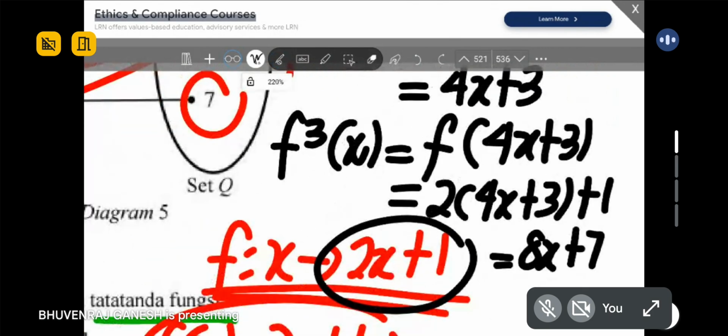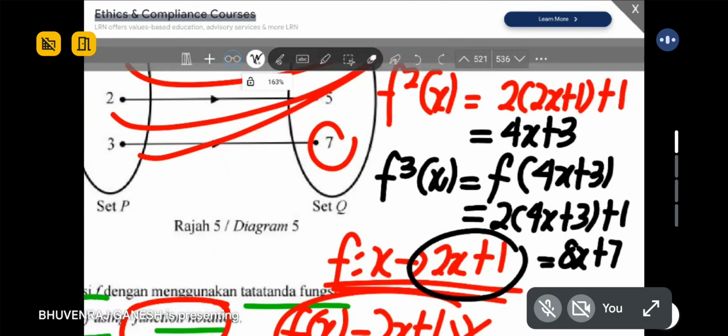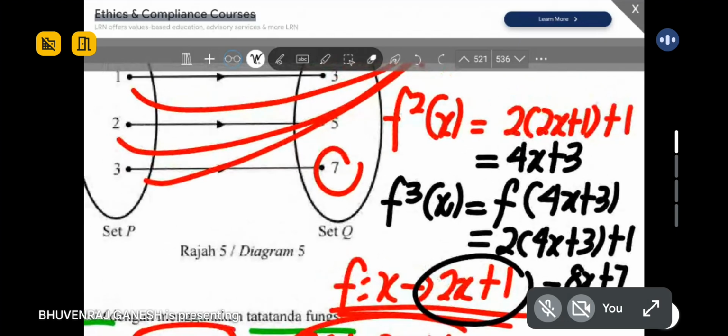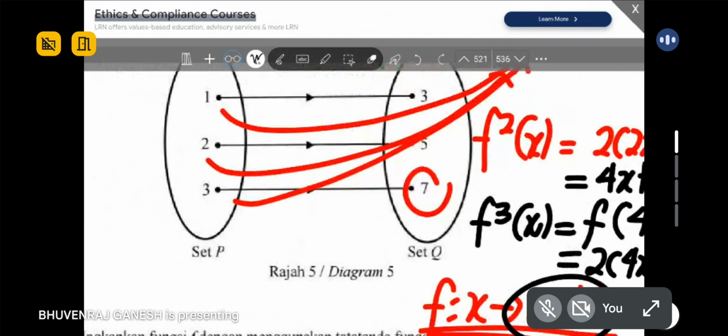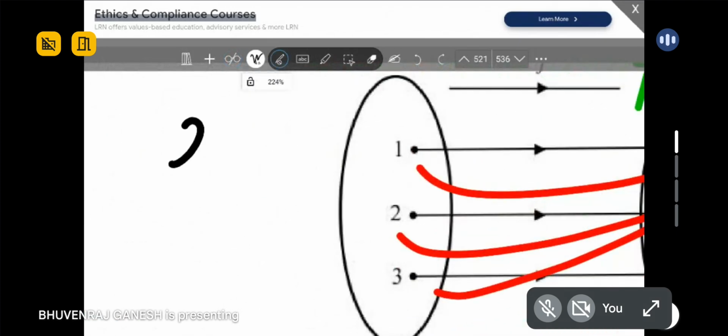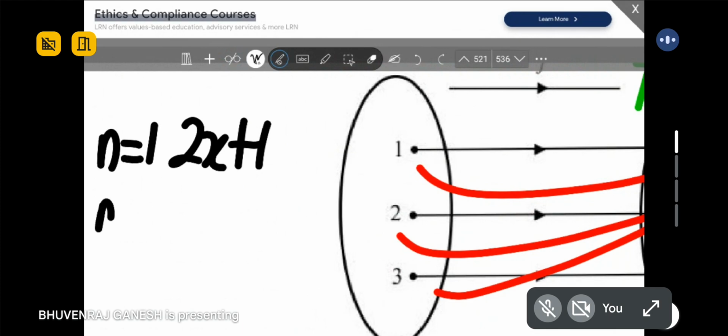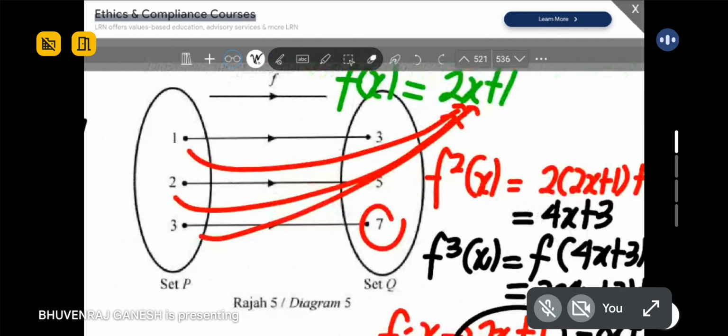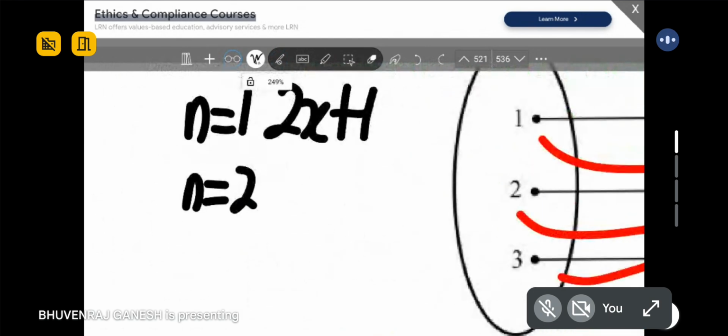Okay, you do 3 times, usually enough already. 3 kali cukup. No need to go to power 4, power 5, all no need. Okay, so you see the pattern now, guys. Initially 2x plus 1. This is n equal to 1. N equal to 2. You get 4x plus 3. And then 8x plus 7.